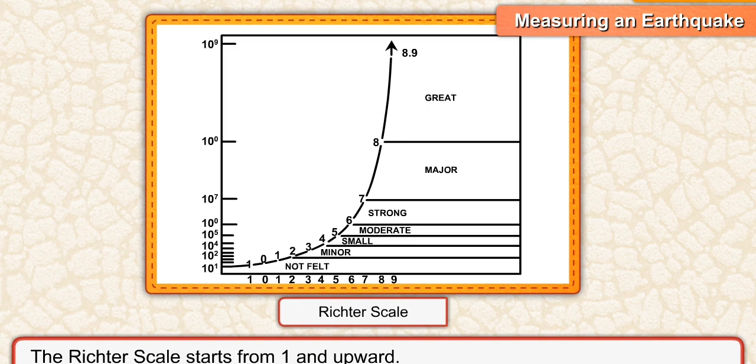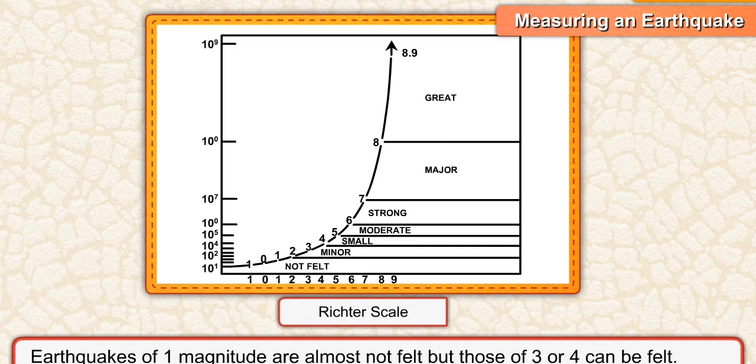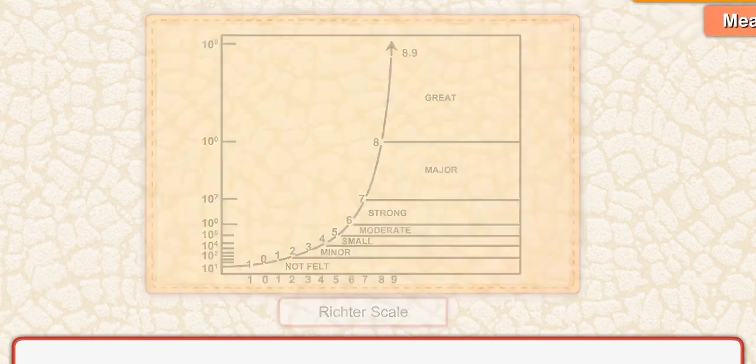The Richter scale starts from 1 and goes upward. Earthquakes of 1 magnitude are almost not felt, but those of 3 or 4 can be felt. Earthquakes of 8 or higher magnitude cause massive damage.